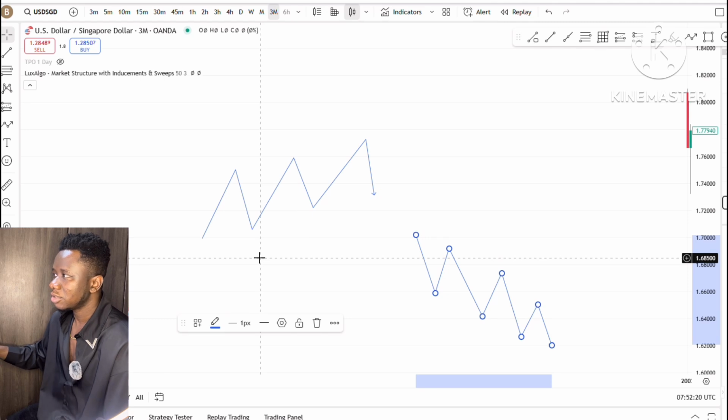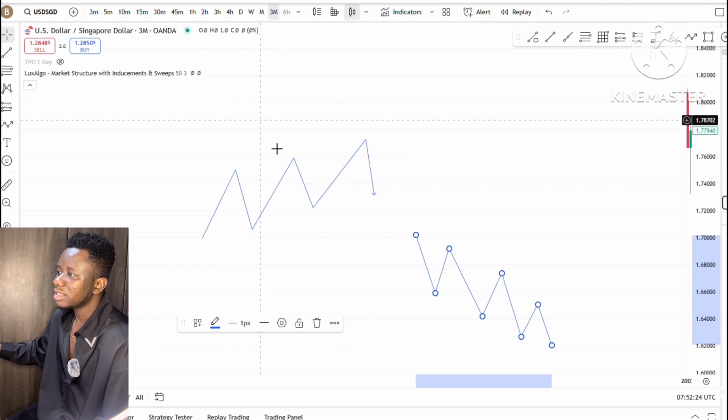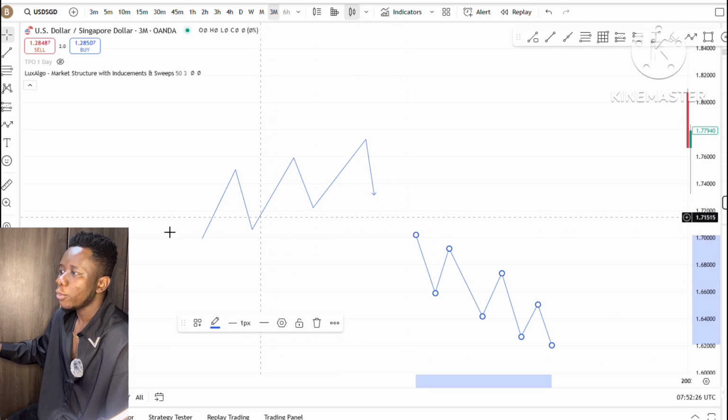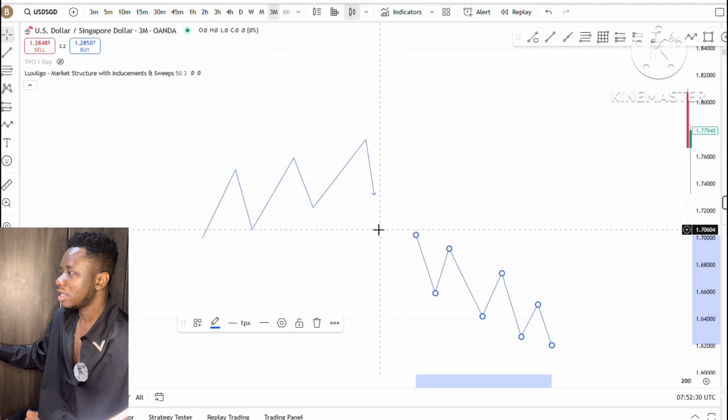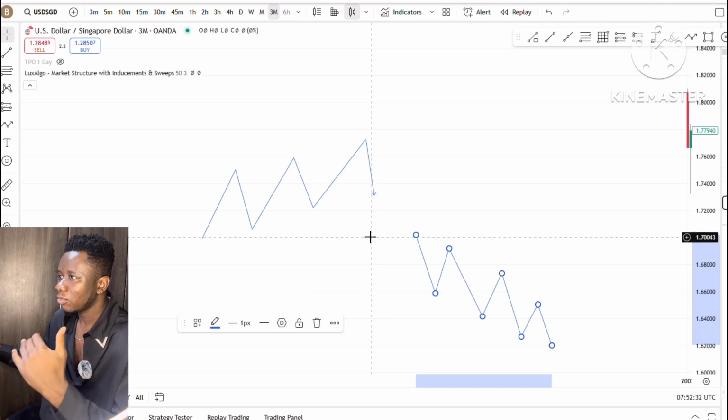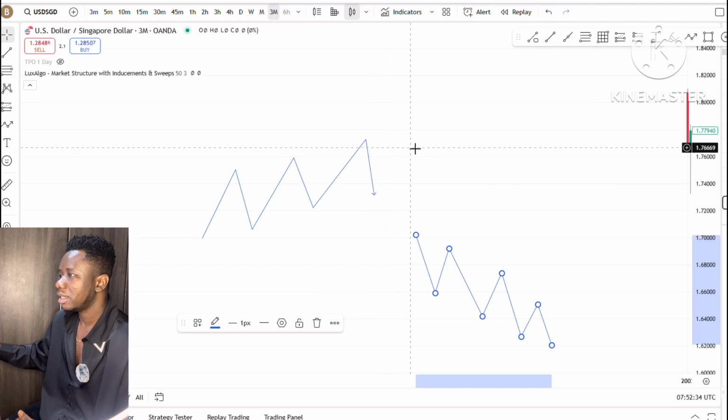Once I come into the market from the higher time frame, I want to get the perspective of where we are, and then narrow it down little by little.